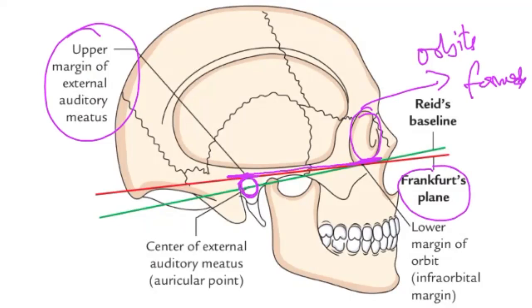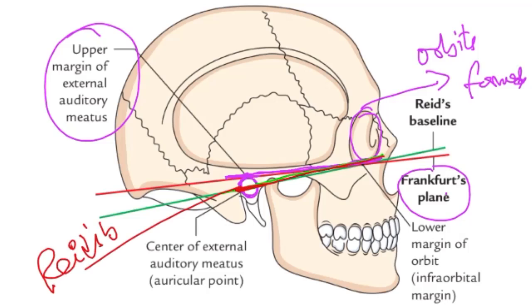A line joining the infraorbital margin and the upper margin of the external acoustic meatus is called Frankfurt's line, whereas the line joining the infraorbital margin and the middle of the external acoustic meatus is called Reid's baseline.